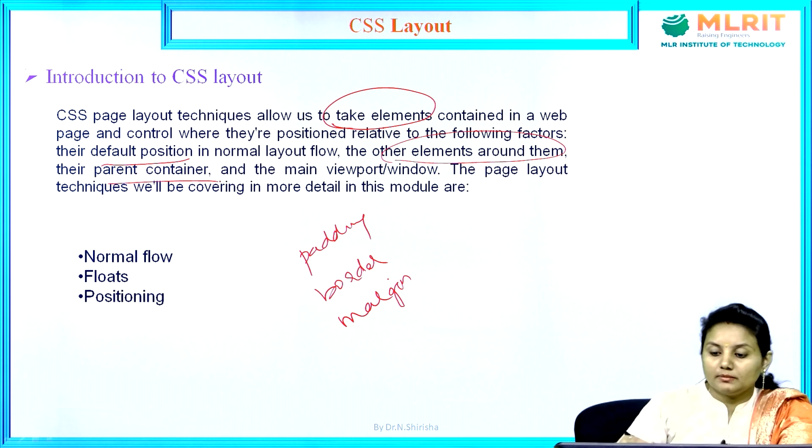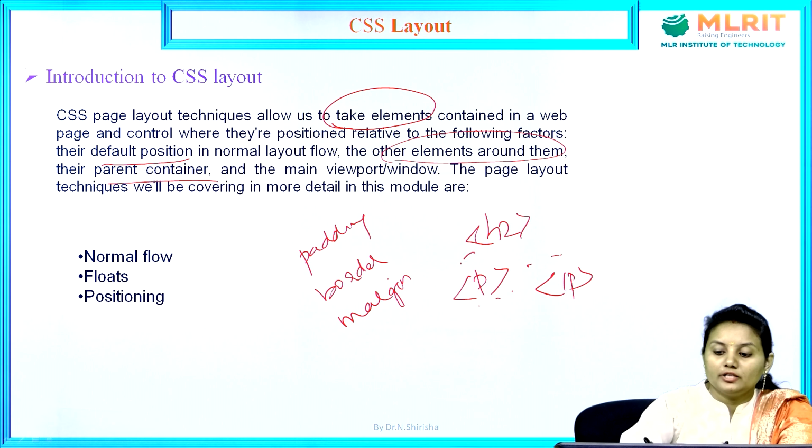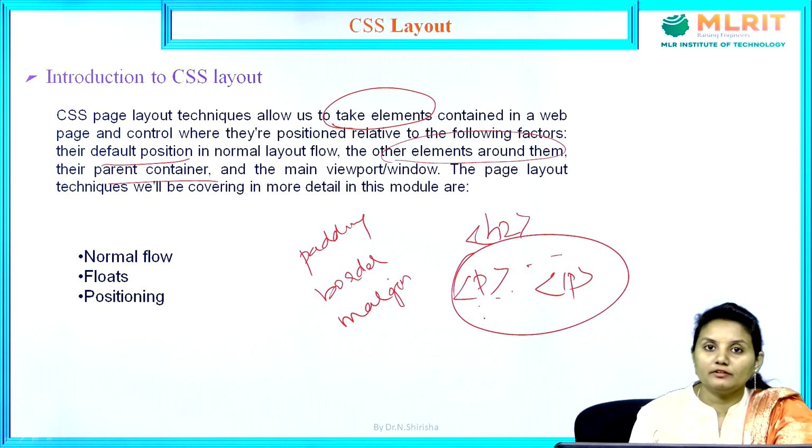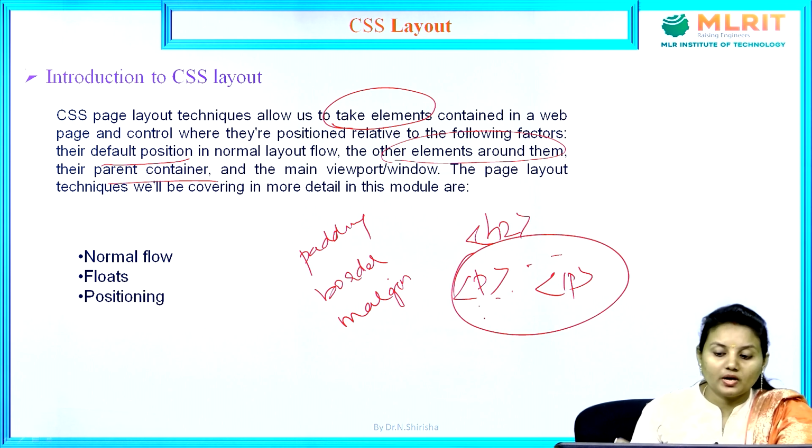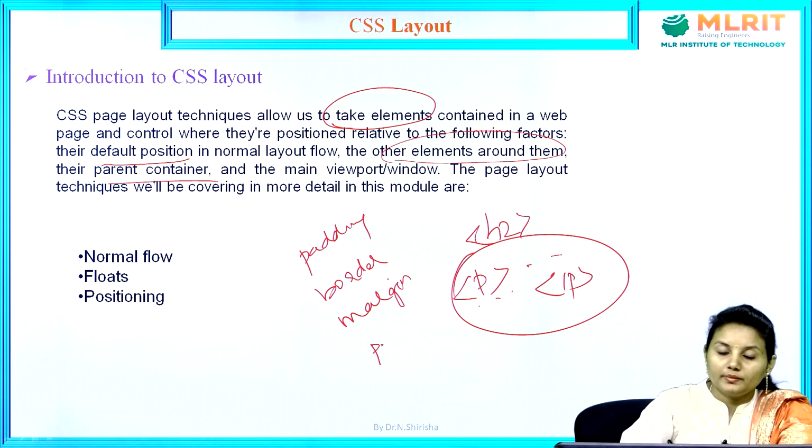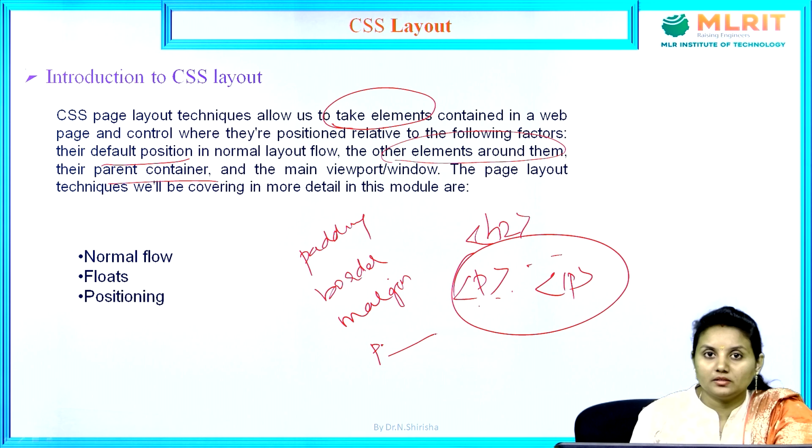Parent container: suppose you have an h2 tag and you have some paragraph tag. Suppose you want to make a separate styling for this paragraph tag. Then what you have to do is write p dot the styling you want to assign.